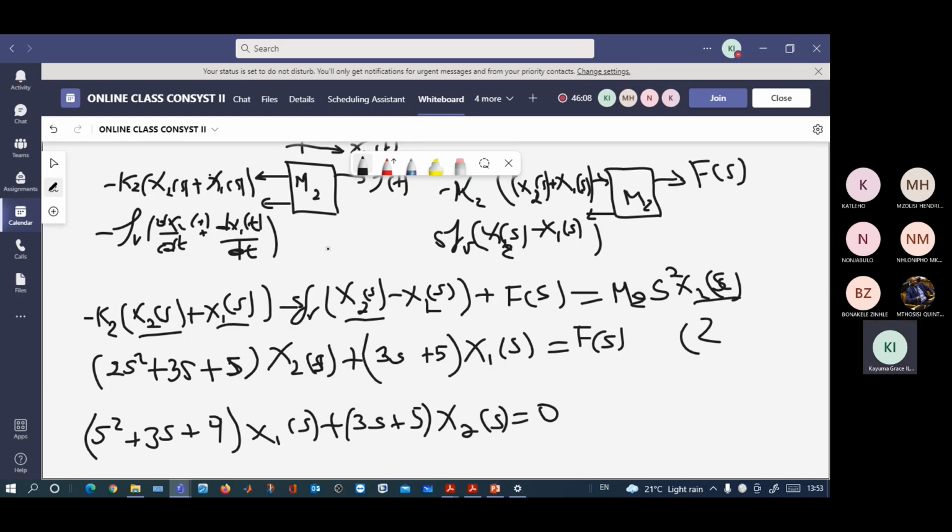My question is, K2 is common, right? K2 is common to X2 and X1. Yes. So minus K2 multiplied by X2 S is equal to minus K2 X2 S. Yes. Therefore, you also multiply by negative K2 times X1 S, which is equal to positive K2 X1 S. So I didn't see that K2 on X1 S.